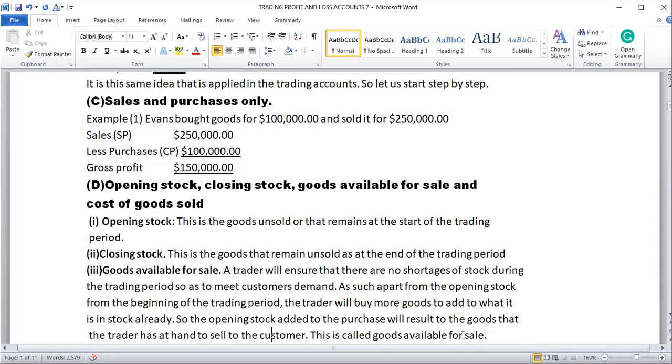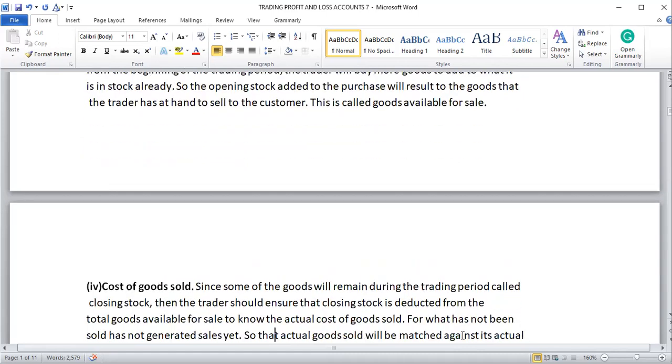So when we take the opening stock and add it to the purchases, then we will have total goods available for the business to sell to the customer. That's why we say it's goods available for sale. I hope it is well understood. Let me go over again. It is the opening stock for the period added to the purchases so that we know what the goods available for sale are. Let us continue.